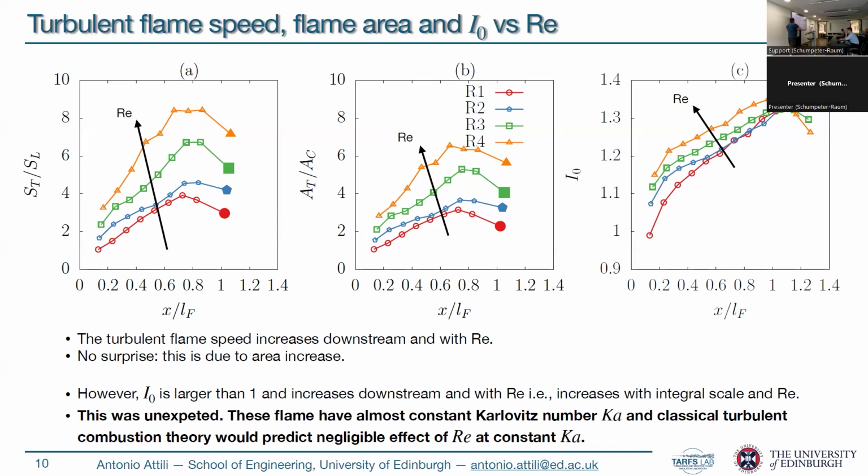So again, this is a kind of surprise result, and it would have been very difficult to see this kind of behavior if you were limiting yourself only to the low Reynolds number cases. So again, trying to push the Reynolds number has been key here to understand what was going on.